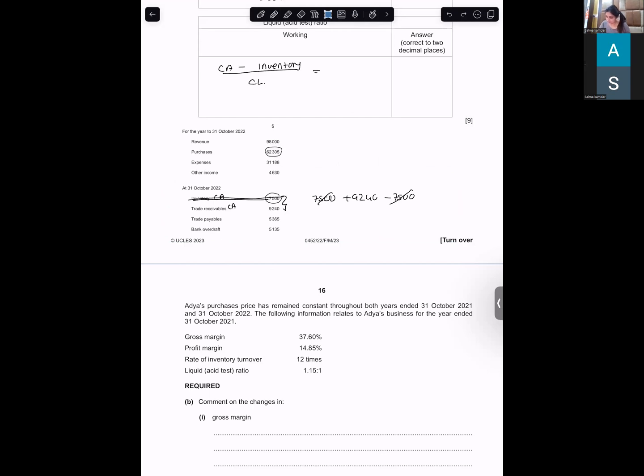Divided by the current liability. What is your current liability? Bank overdraft and trade payables. So 9,240 divided by 10,497.